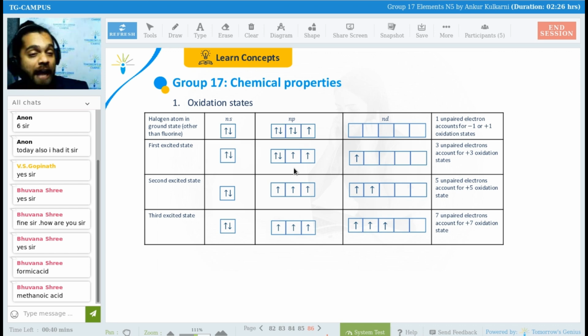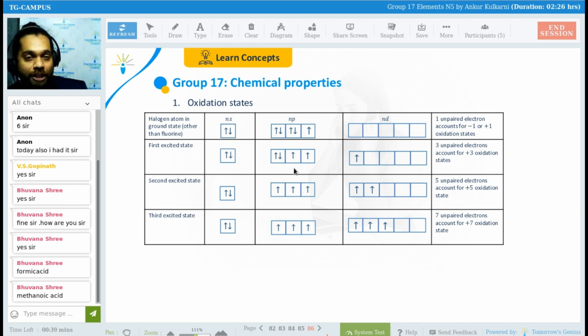One lecture I have kept only for the questions, probably the last lecture before the chapter assessment. Don't worry, I know we have not done too many questions. In that, we will solve all the PYQs of NEET and the expected questions also. But for that, you have to revise this.